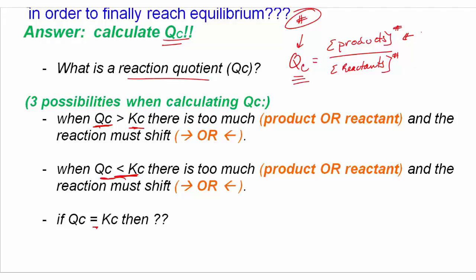So if Qc is too big, that means we have too much product. And the reaction must shift. Reactants, products. We have too much product, so we have to shift towards reactants.